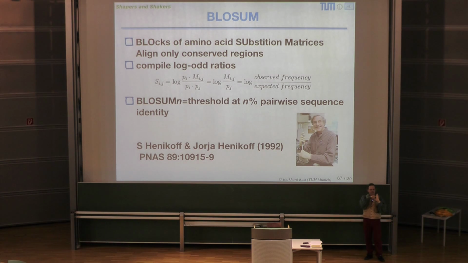Do I see only alanines? In this way, I compile the log odds for the observation of alanine in that position. And you do that over all the blocks in a set of proteins. Initially, I believe they started with something in the ballpark of 100. Is that clear?